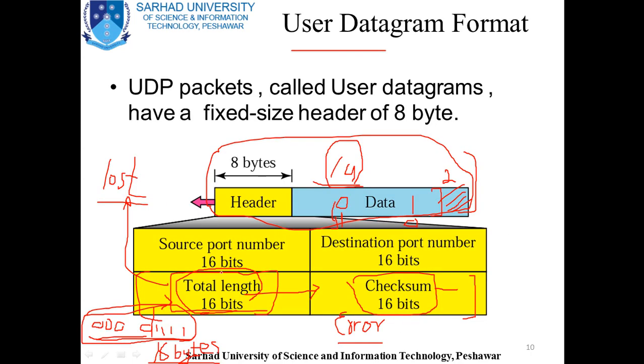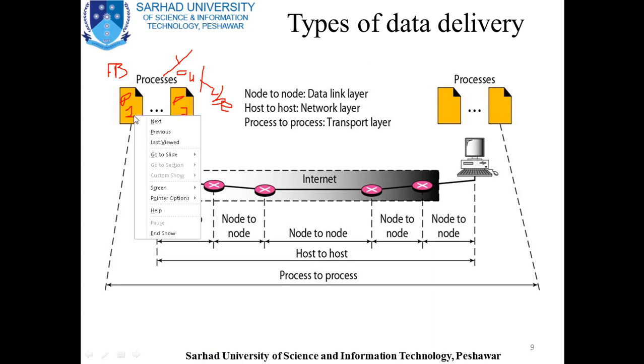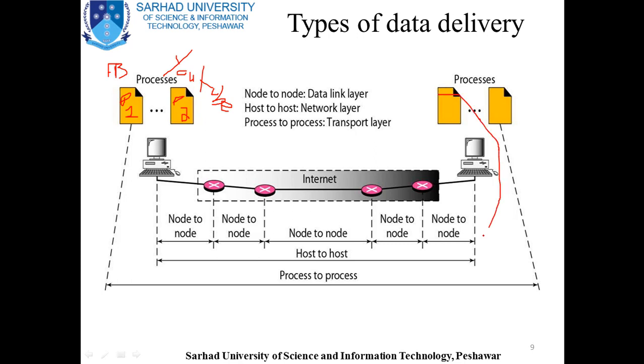So if you are requesting Facebook, and the server has responded to your Facebook query, it will come to your system, and the system will forward it to your mentioned port. Let's say your port number is 55, so you will receive that on 55.